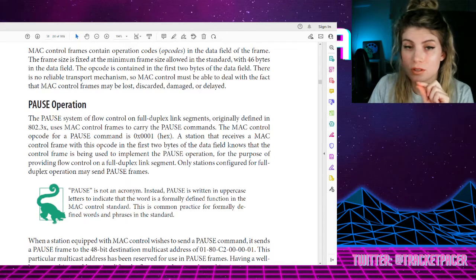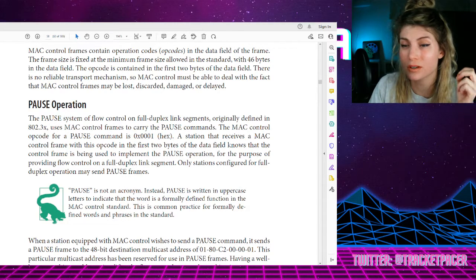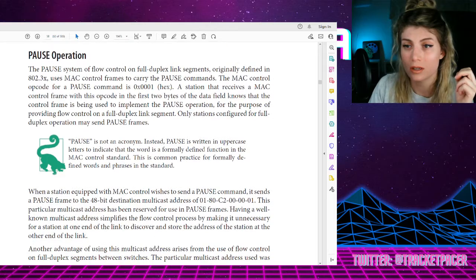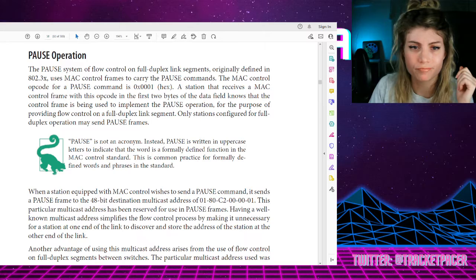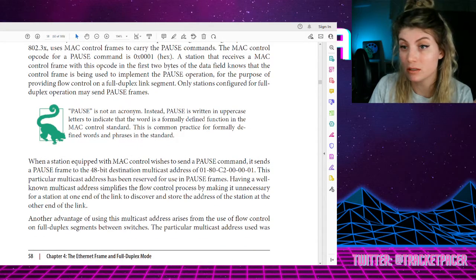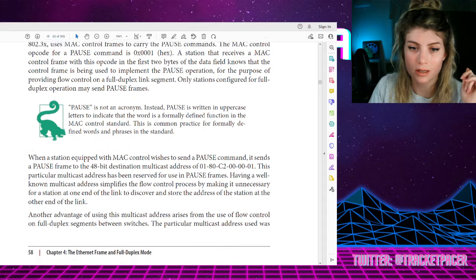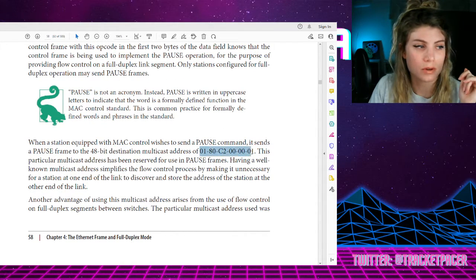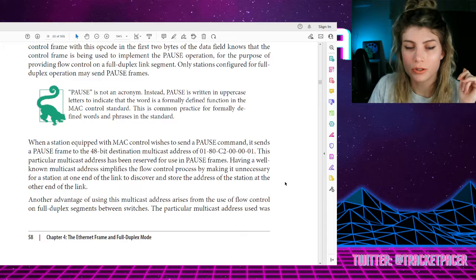In the data field, the first 2 bytes are hex 0001, if it's a pause operation. It's not always going to be a pause operation if we're talking about flow control. Well, I don't know, is that the only command you'd be using in flow control? That's all we've talked about so far. But if it is a pause command, we're also going to have a destination multicast address of this guy right here. This particular multicast address has been reserved for use in pause frames.